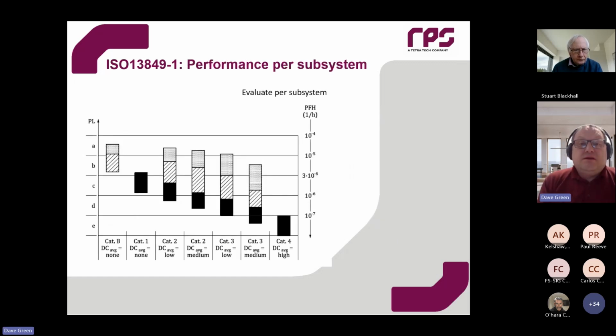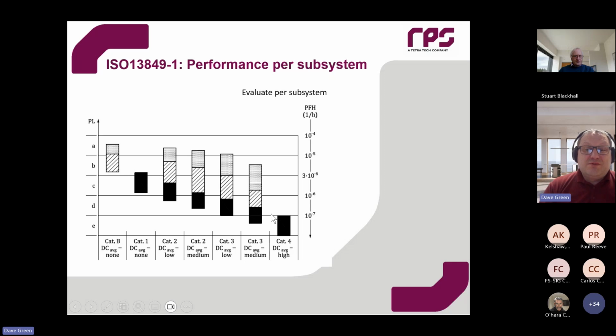The diagram is still there for us. So working out what our diagnostic coverage is, our PFH, and then the other bits, the blocks. Apologies, I can't remember what the black blocks are and the other blocks without looking.